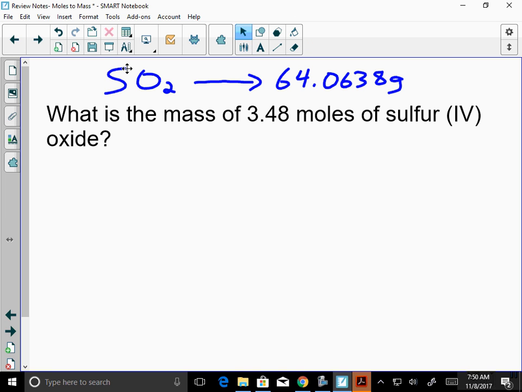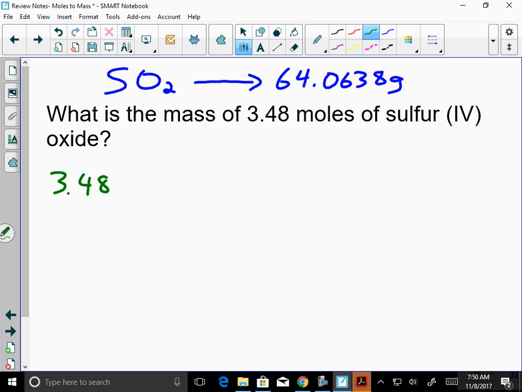Now, I look at what is given to me in the problem. 3.48 moles of sulfur dioxide. So if I look at my flux capacitor, I'm starting in the middle, aren't I? And I'm working up to moles.